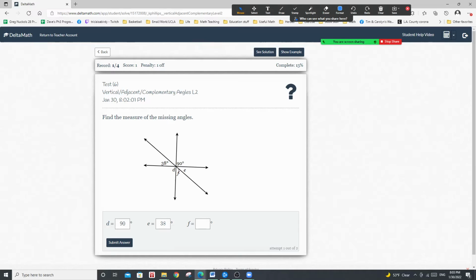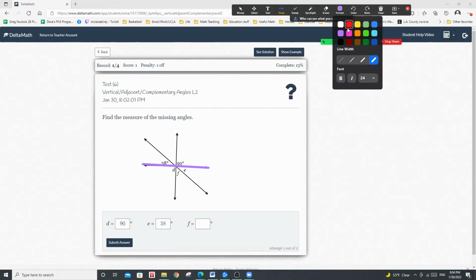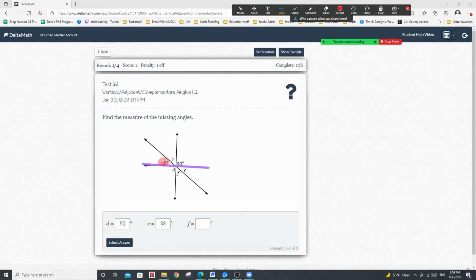Finally, what's the value of F? There's a lot of ways to do this one, and they involve drawing. The key is you can do it this way. Draw this line across. And you see 38, 90, this angle, and this angle all together form a linear pair, so they need to add up to 180.